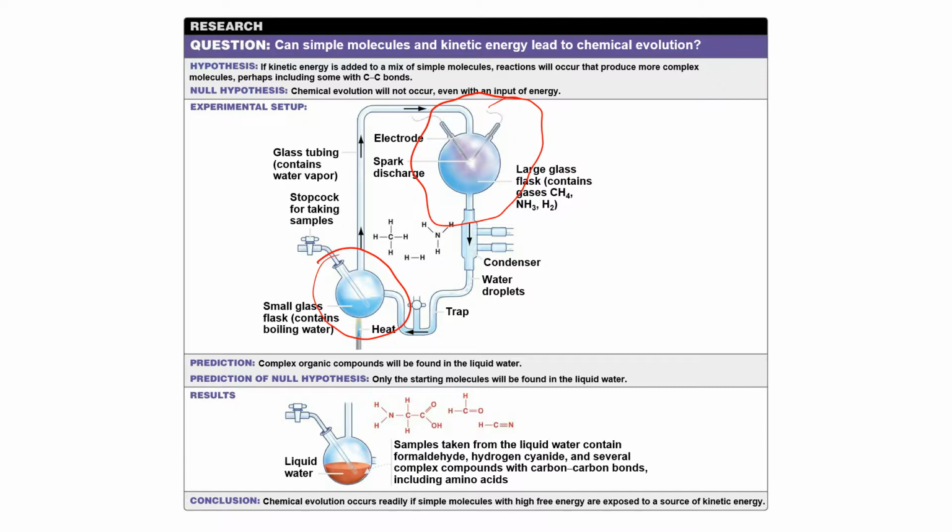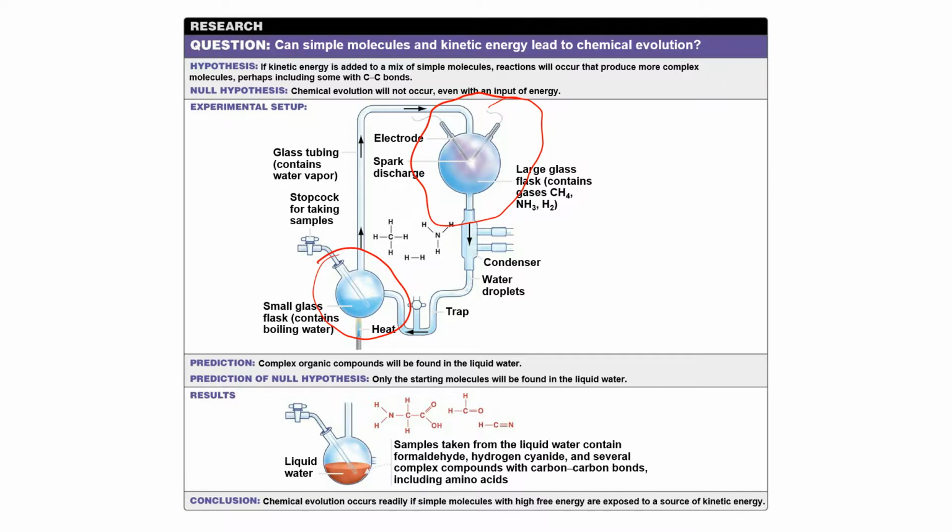Here, when these gases, the methane, ammonia, and hydrogen gas, are sparked in the presence of water vapor, you have the products of the reaction of these elements, and they're basically siphoned off.